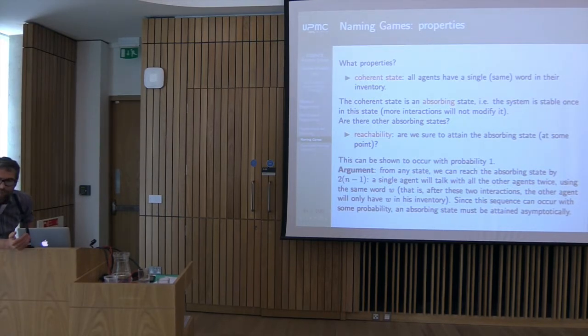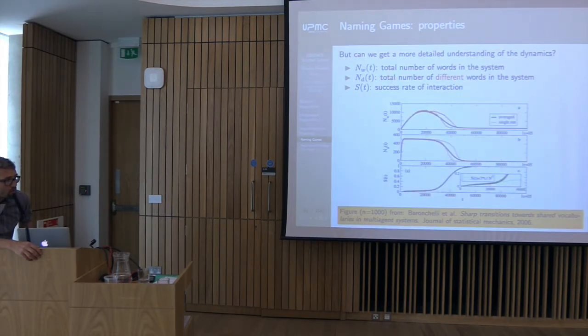Of course, in practice, it's interesting to see what happens, how quick it is, and what kind of phases you come across. And this is what they did. So this picture is directly taken from their paper. It's an experiment with 1,000 agents to understand the dynamics.